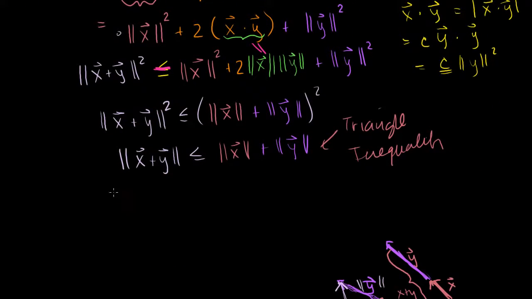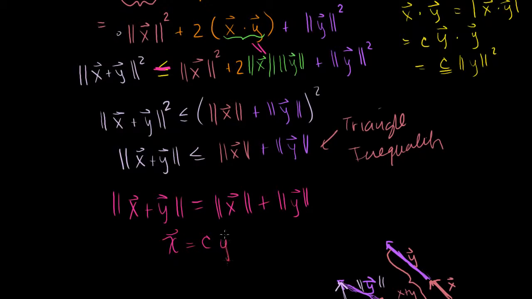We've done the same work, but we'd have had an equal sign the whole way, so the length of x plus y would equal the length of x plus the length of y in the situation where x is equal to some positive scalar times y. So c is greater than 0. These two imply each other, and we saw that geometrically.